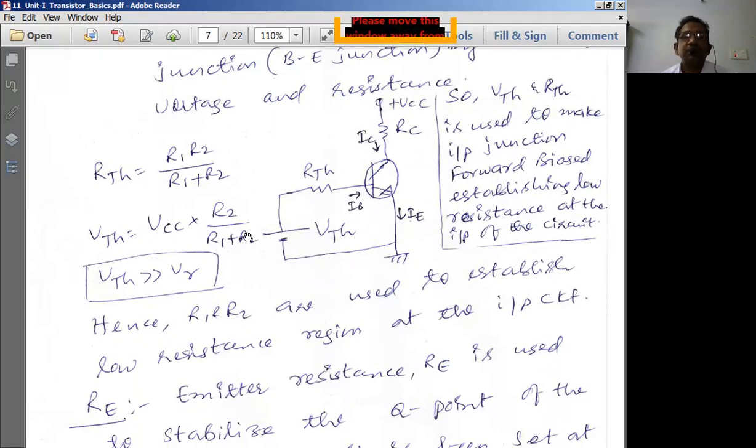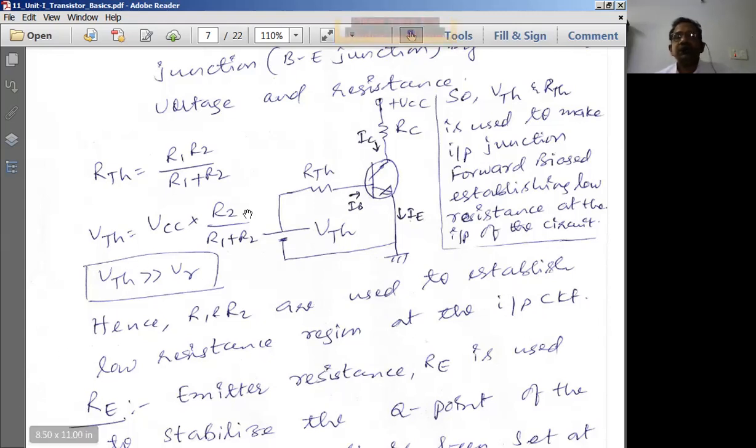And now see this positive voltage, this positive battery, this VThevenin is a virtual DC voltage. This virtual DC voltage is applied to the base of the transistor. It is an NPN transistor, and the base is P type. To the P type you are applying plus voltage, so it is going to become forward biased.